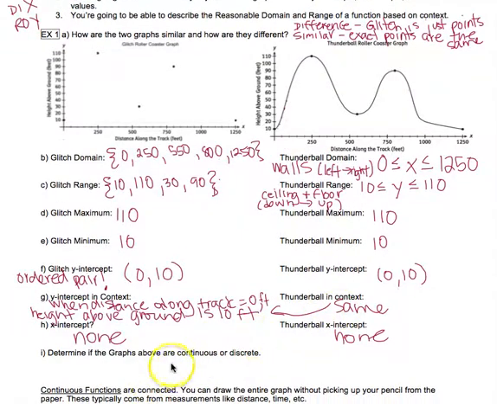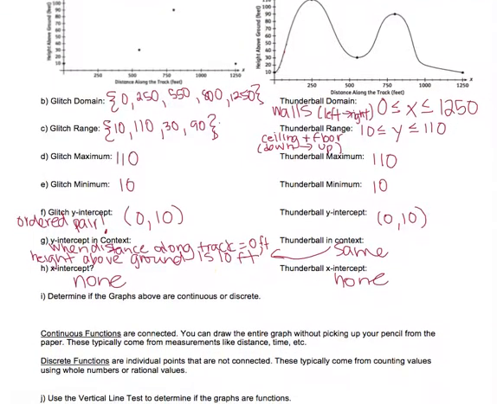So, last thing is going to involve some more definitions. Determine if the graphs are continuous or discrete. So, here's where we have some definitions. Continuous functions are connected. You can draw the entire graph without picking up your pencil from the paper. These typically come from measurements like distance or time, something that is a continuous variable.